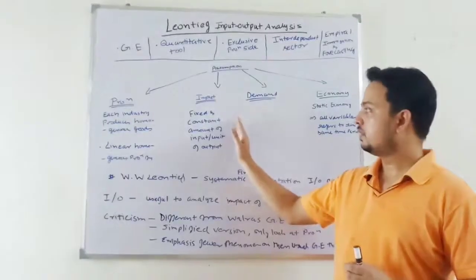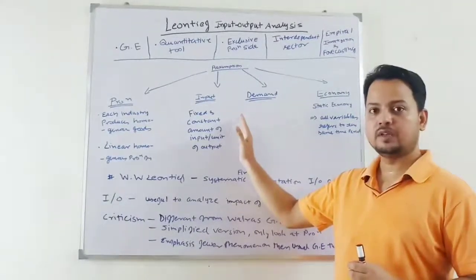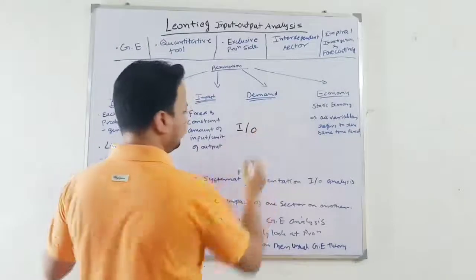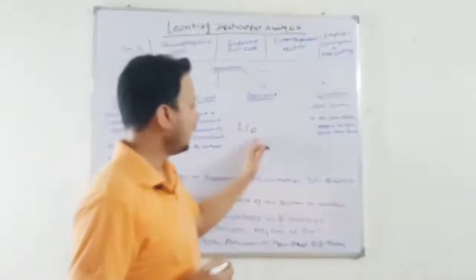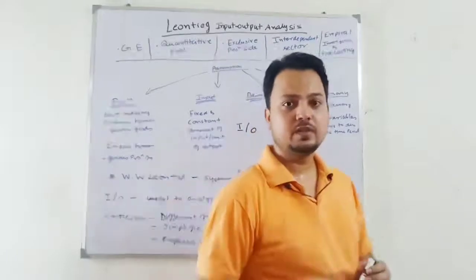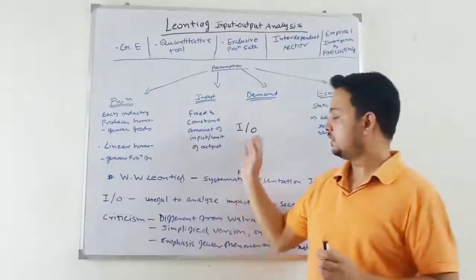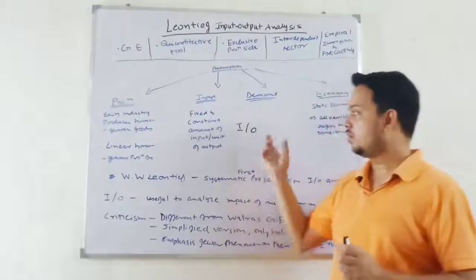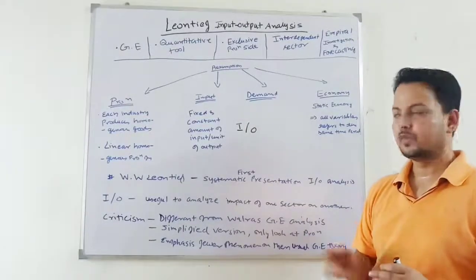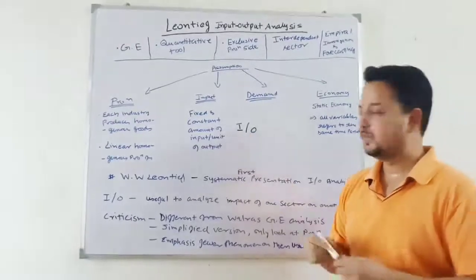If one sector or one industry is making changes in its input, then it will have an impact on other industries also. How other industries will change their input according to the change in the condition of one industry. So it looks at the spillover effect.